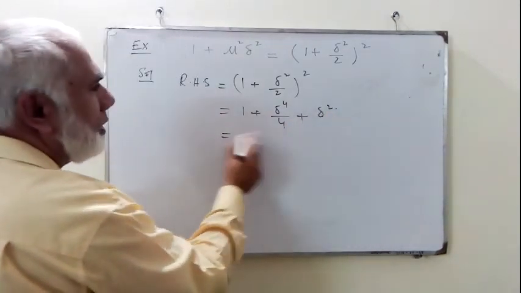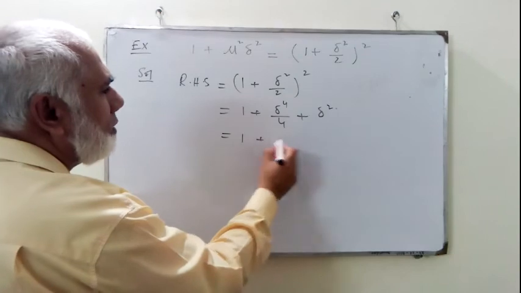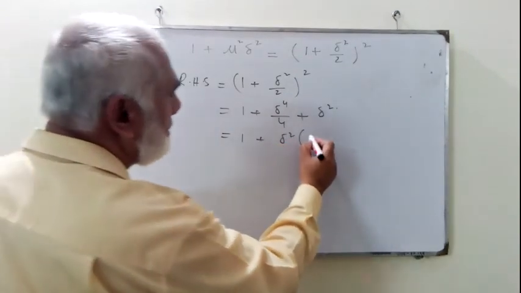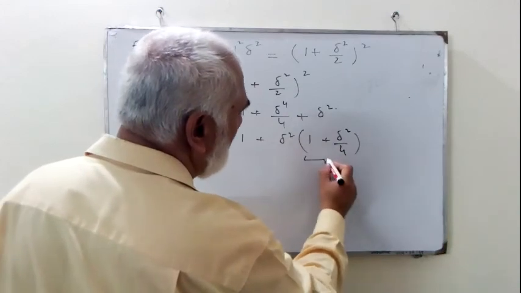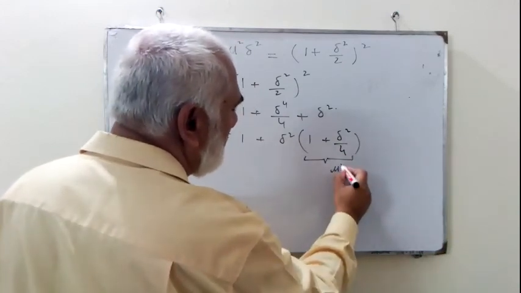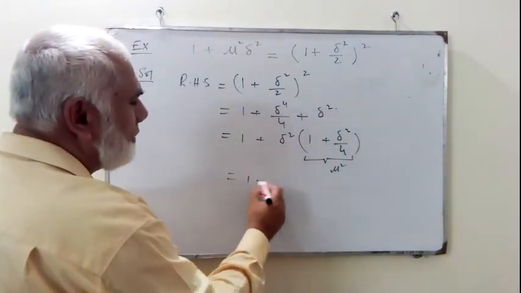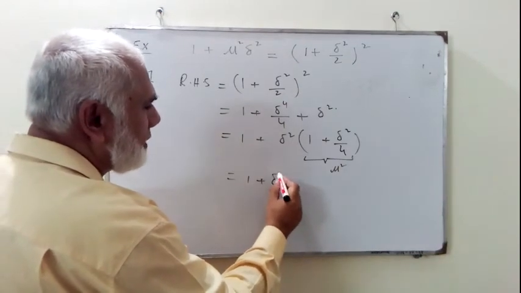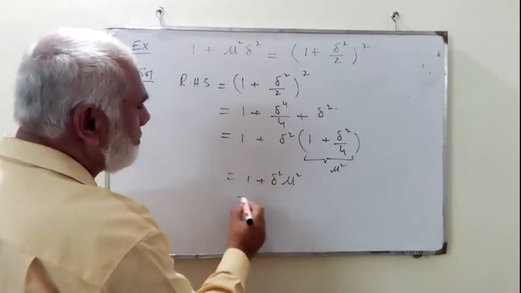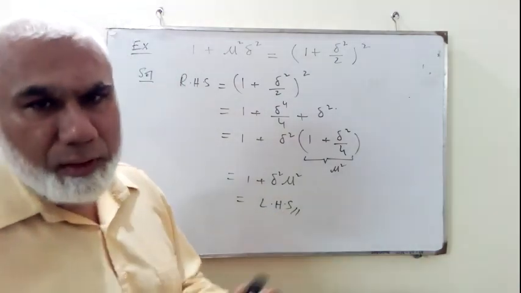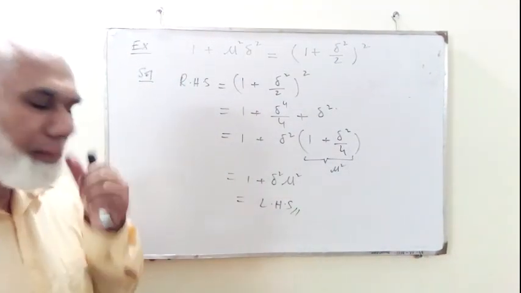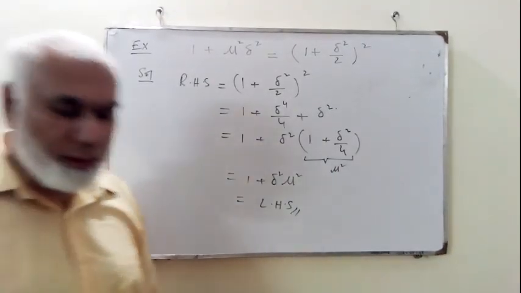Okay. And from these two terms, if we take out delta square as a common factor, inside we get delta square by 4. If you remember, we have just solved this identity, and this is equal to your mu square. So we can replace it by mu square, and so this gives you your left hand side. So this is a simple identity.